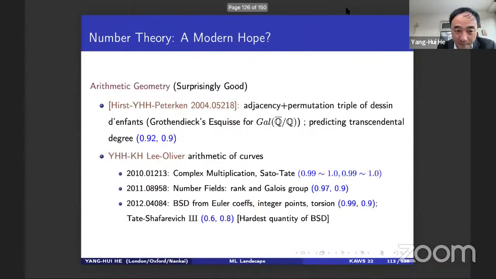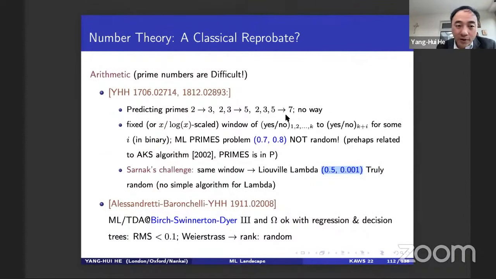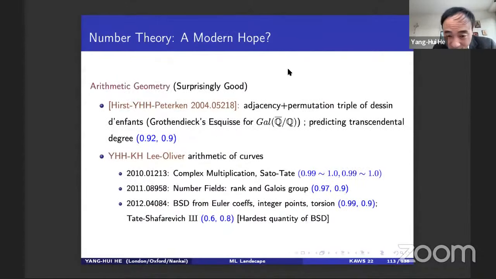So just to finish up, what was truly surprising for me was, okay, fine, classical analytic number theory is not going to do very well, but the Birch-Swinnerton-Dyer conjecture does very well, or at least quantities of it.